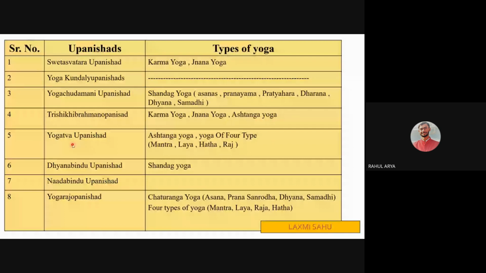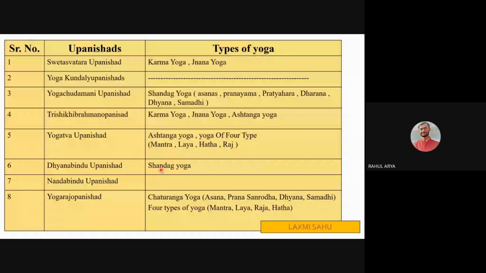Next is the Yoga Tattva Upanishad. It is also following Ashtanga Yoga, and it describes 4 kinds of yoga: Mantra Yoga, Laya Yoga, Hatha Yoga, and Raja Yoga. Dhyana Bindu Upanishad is following Sadanga Yoga: asana, pranayama, pratyahara, dharana, dhyana, samadhi.